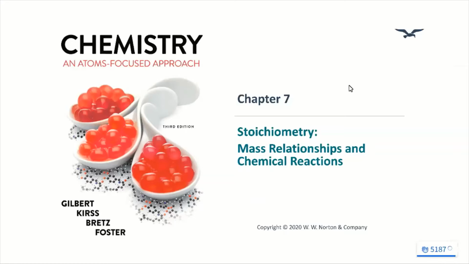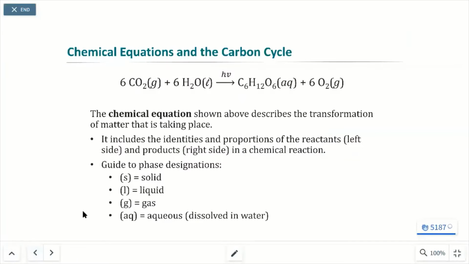For today, we are going to focus on the chemical equation itself, and on the guts of it, what makes it what it is. We know that a chemical equation basically tells the story of a chemical reaction.